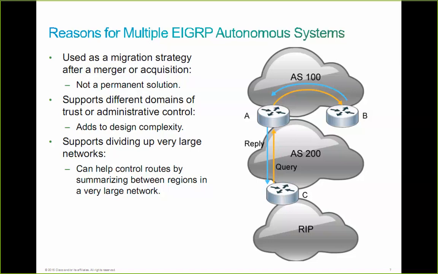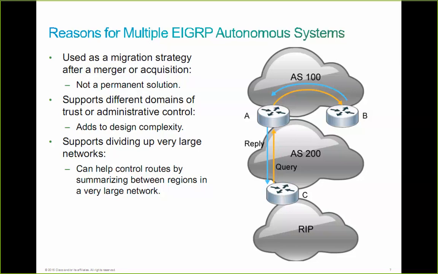So they might still run their own autonomous system, and you might run your own. Those networks are under completely different administrative control, but there's some exchange of knowledge and information between those networks, as opposed to just doing basic redistribution between two completely different routing domains.